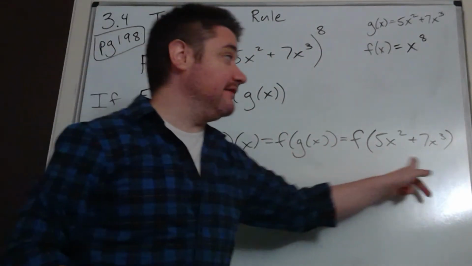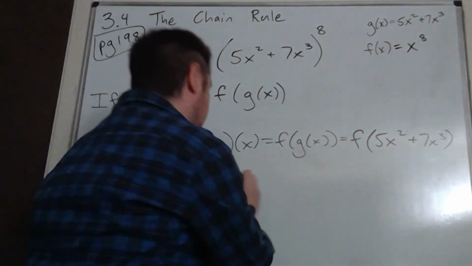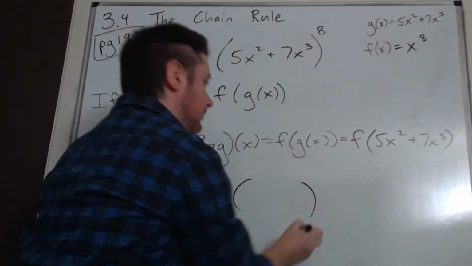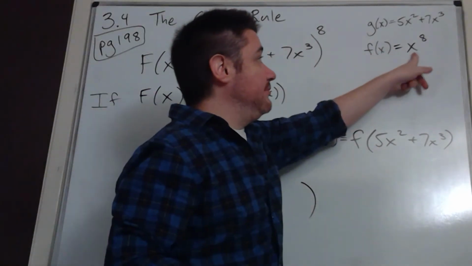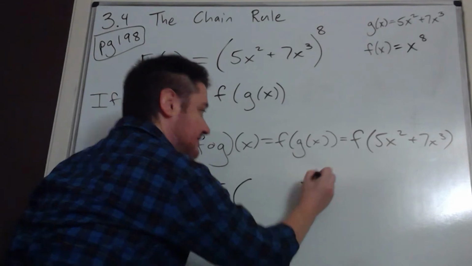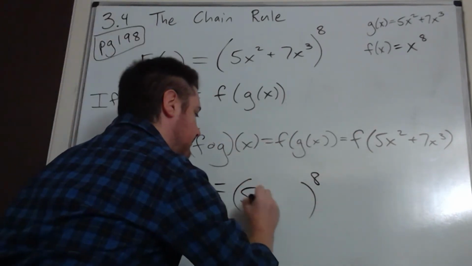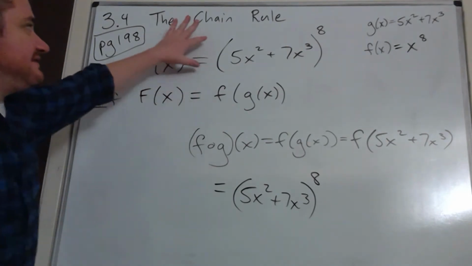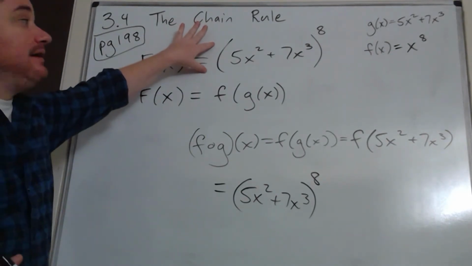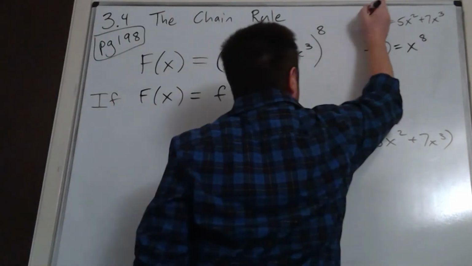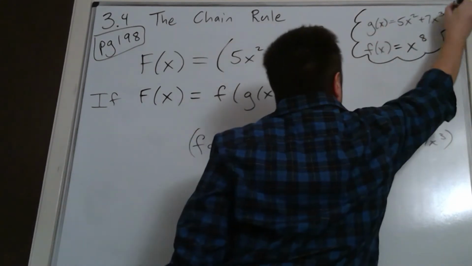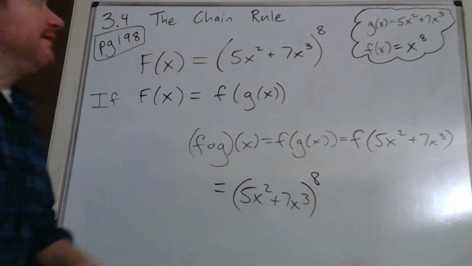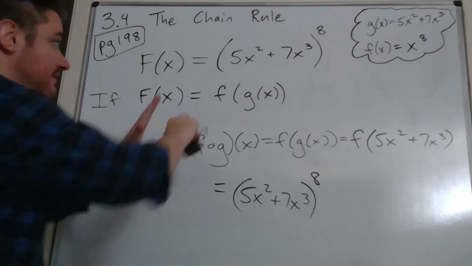F says take your input and raise it to the 8th power. Here's our input. So this capital F right here is a composition of two functions, and there are the two functions. Okay, so good. So we've got that set up.